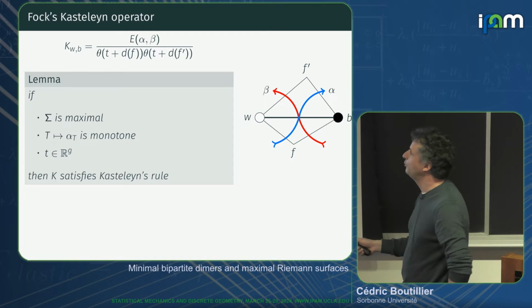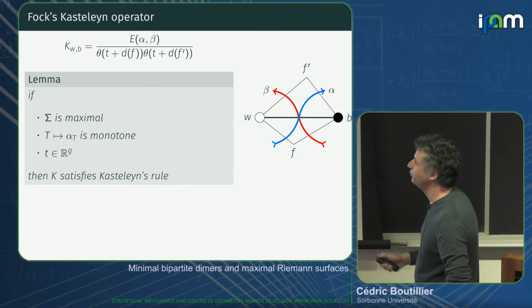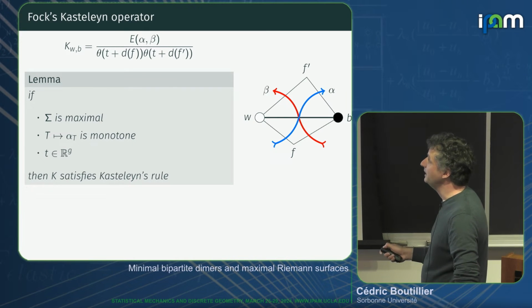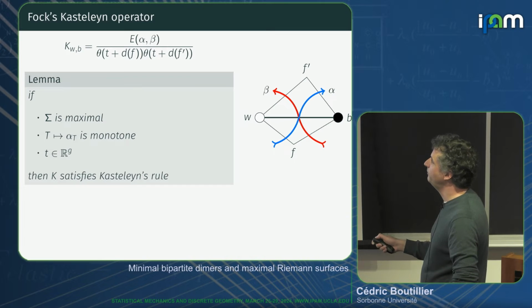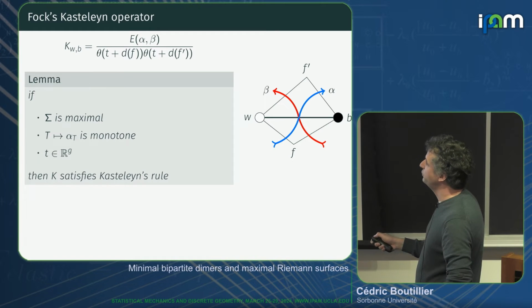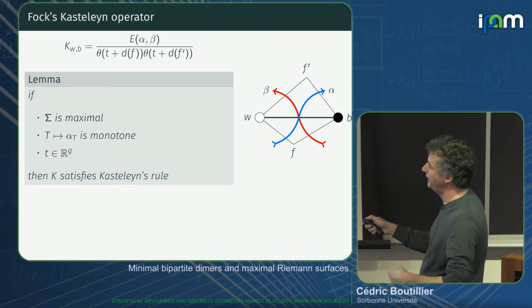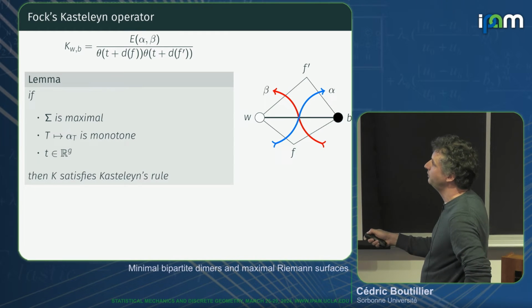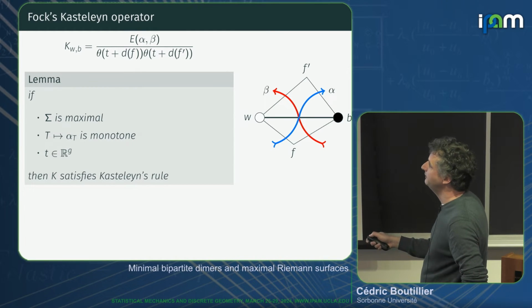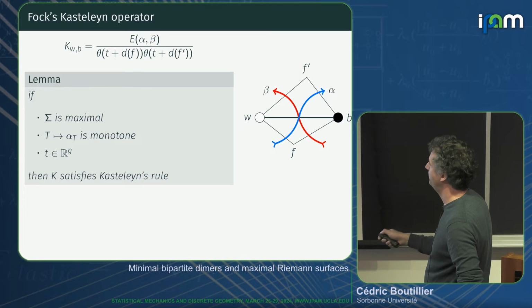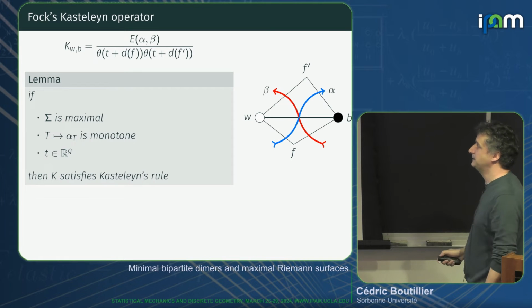And so this is Fock's formula for the Kasteleyn operator. You have the prime form of the two parameters attached to the train tracks, and you divide by two theta functions, where t is the parameter I fixed on the Jacobian of my surface, and you have this discrete Abel map evaluated at the two faces that are bounding this edge.